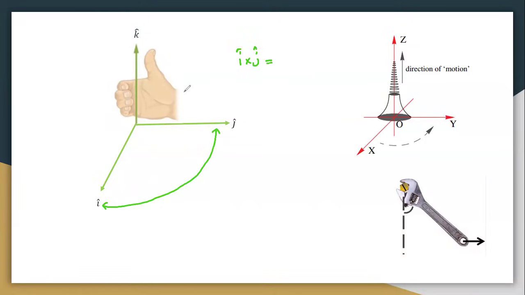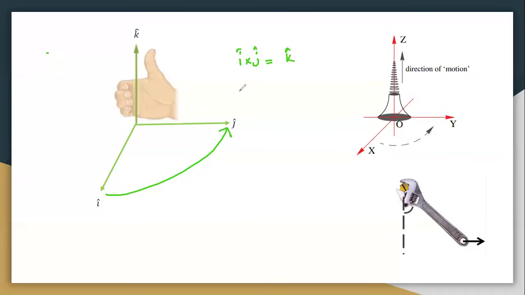We use the right thumb rule. If I have I and I'm crossing it with J, my direction for the vector is going to be in the K direction. Hope you are seeing it. When you cross I and J, you get K.